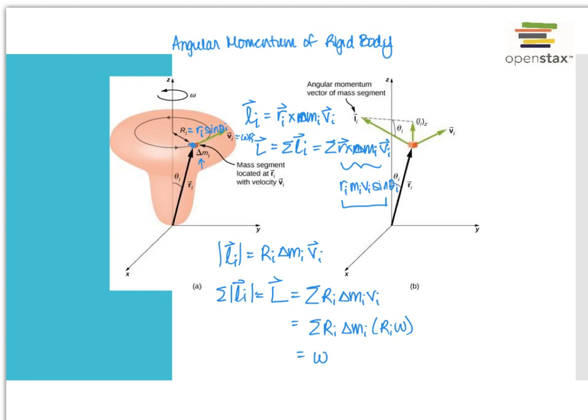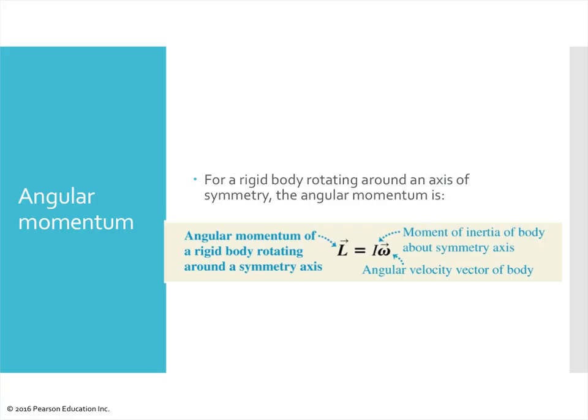And now I get omega outside and I get a delta m_i r_i squared, which is actually just moment of inertia. So what we have found is this can be written as the total moment of inertia of the rigid body times its angular velocity. And that is how we're going to express the angular momentum for a rigid body.